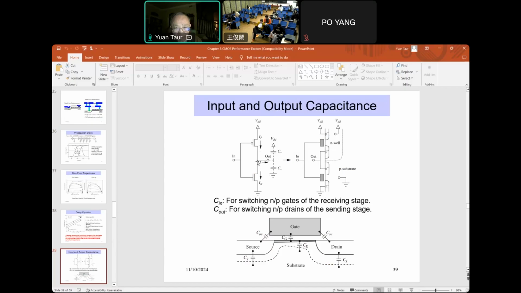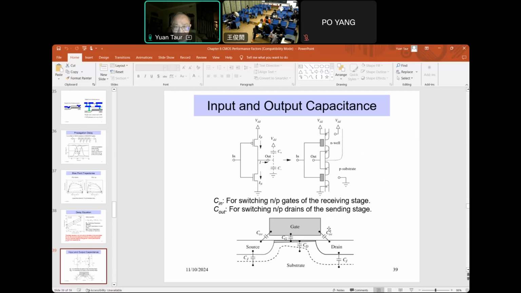Okay, and if you look at C in associated with the gate of the next stage, it's mainly the intrinsic gate capacitance plus the overlap, and you have at least two overlaps, one on each side.